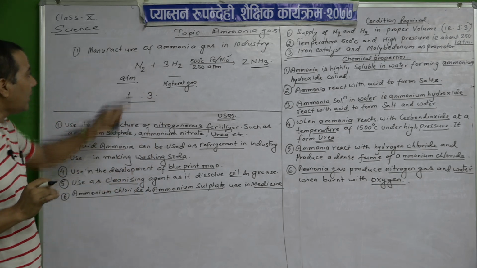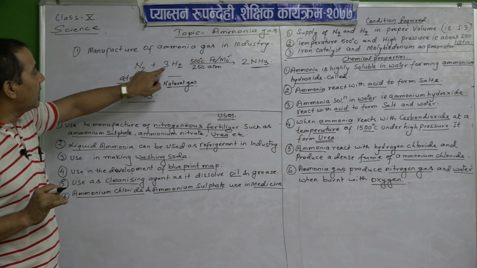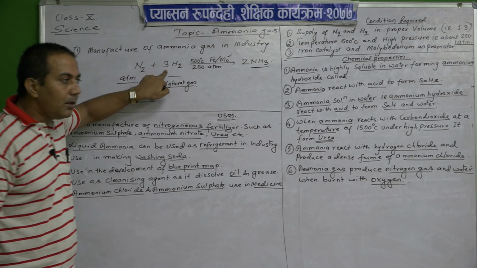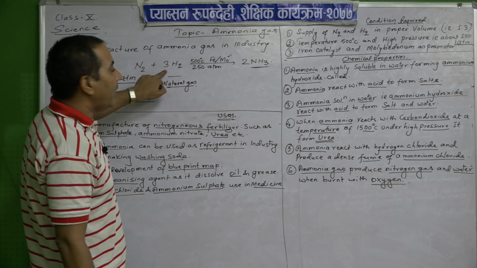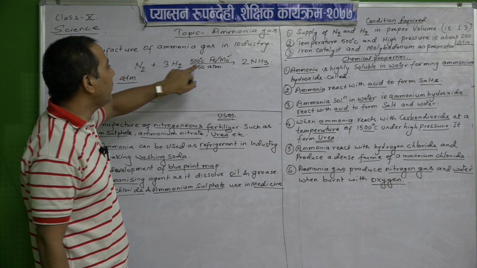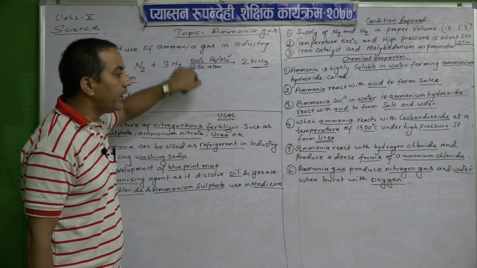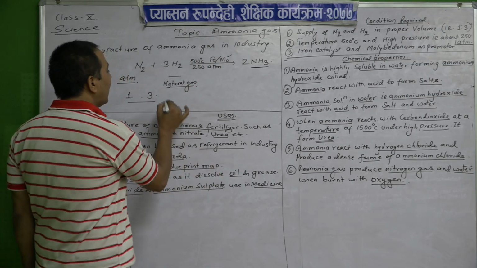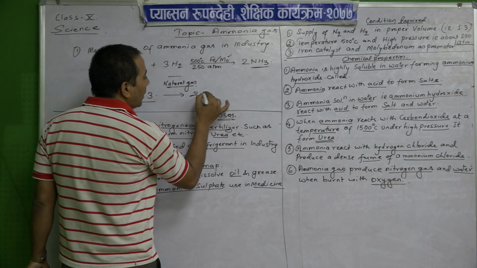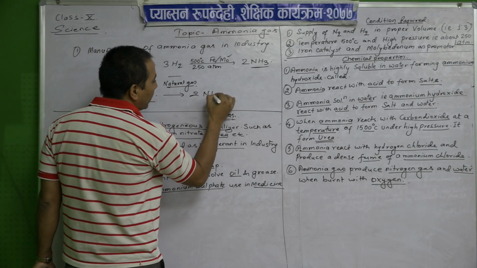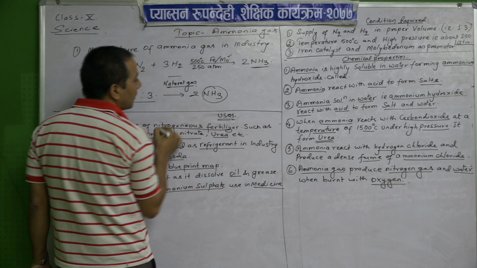We remember that one. When we carry out the reaction by following these rules, it will produce 2 volumes of ammonia gas.